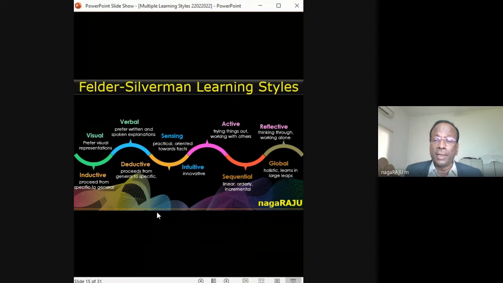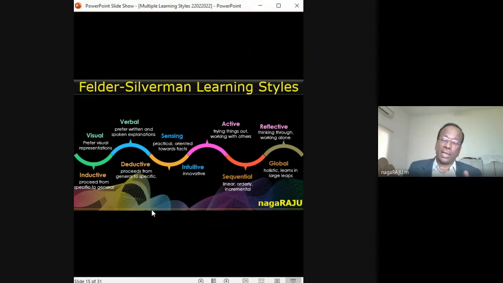He divided the learners on different scales, not one scale, on different scales. At each scale, he found 2 categories. On one scale, for instance, he said students are either visual or verbal. Students who learn by seeing, students who learn through words, right? Speaking, reading, whatever.